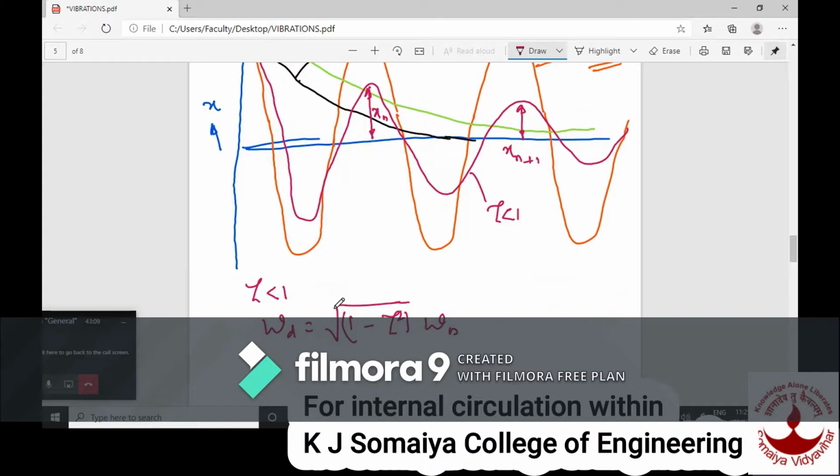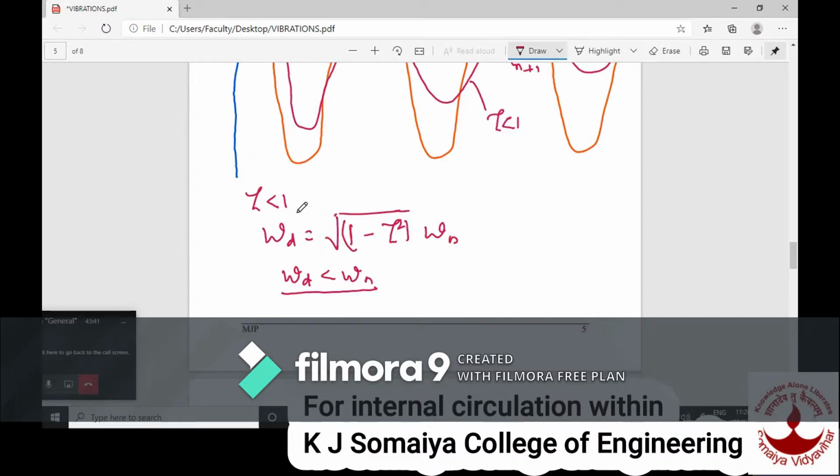Here you can see there is the natural frequency of the system, and the frequency of the damped system, or the frequency due to damping. When zeta is less than 1, this product becomes less than 1. So in case of an underdamped system, omega d will always be less than omega n.